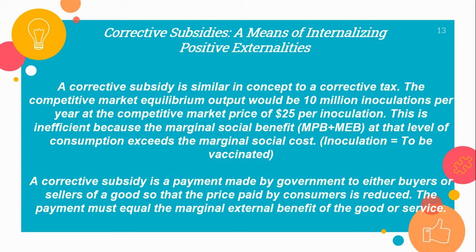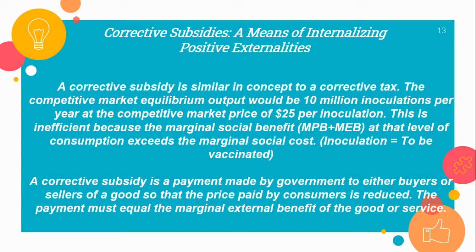So a corrective subsidy is a payment made by government to either buyer or seller of a good so that the price paid by consumers is reduced. The payment must equal the marginal external benefit of the goods or services. So in this case, $20 is the marginal external benefit associated with each person inoculated.